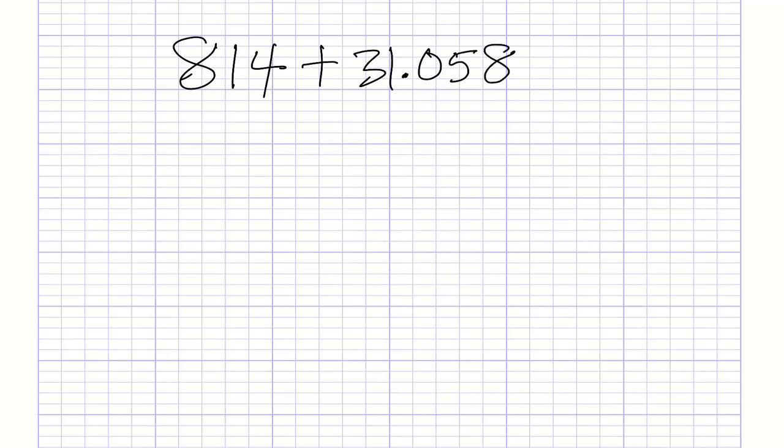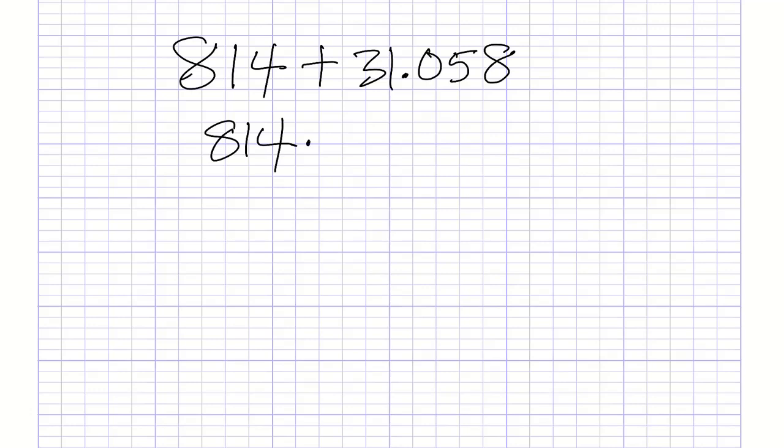Okay, so let's do another example. Let's look at 814 plus 31.058. You see, I chose this carefully. That way, you know that you can add anything to the decimals, right? So basically, we write things up like we normally do. You write 814.